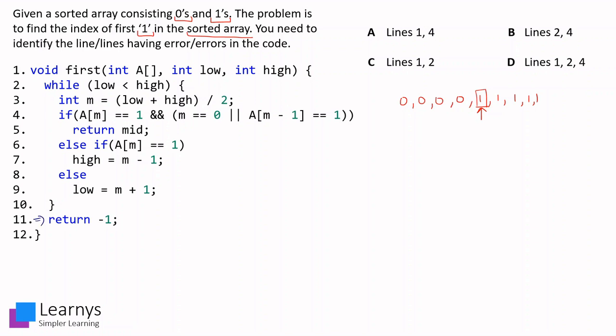So there is an error in line number 1 that this return type should not be void, it should be int. You can also say that the error was not in line number 1 but in line number 11 and it should not return any value from here. It should simply write return. But as we can see in options A, B, C and D, there is no such option which is giving us line number 11 as the line with the error. So we can say that line number 1 is having the error.